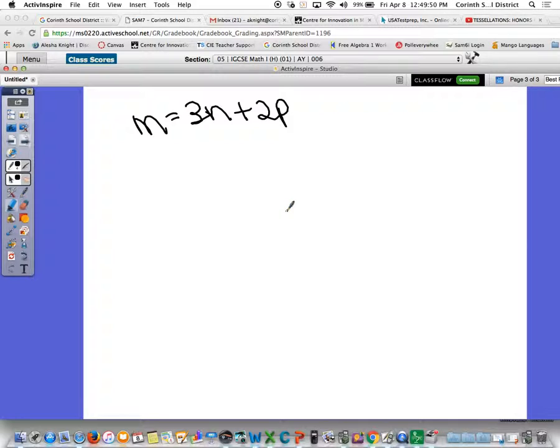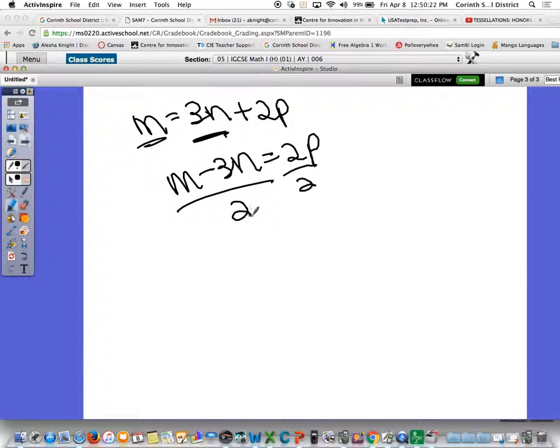So I want you to circle or identify the non-P terms. What are they? M and 3n. Those I want to get together on one side. So what will I do? Subtract the 3n, and that gives me 2p, and then to get p by itself, I will divide by 2. So this is your answer for number 1.